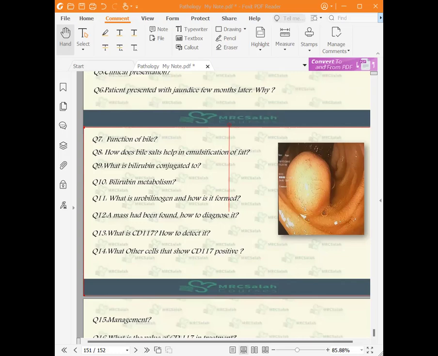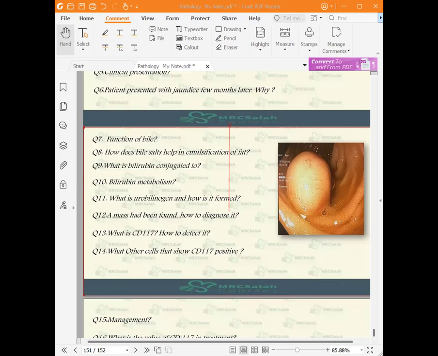What is urobilinogen and how is it formed? Urobilinogen is a product of bilirubin metabolism, it has no color, and it is formed by gut flora from deconjugation of the conjugated bilirubin.